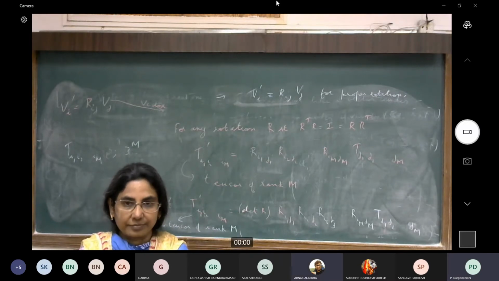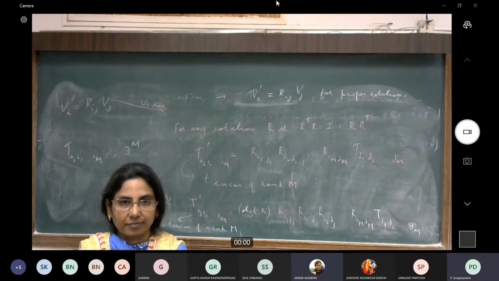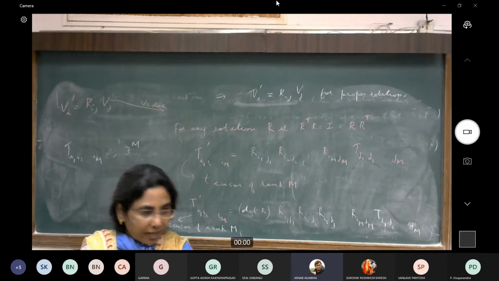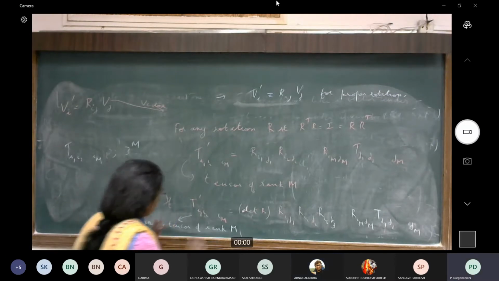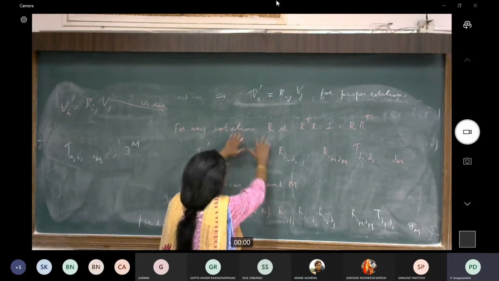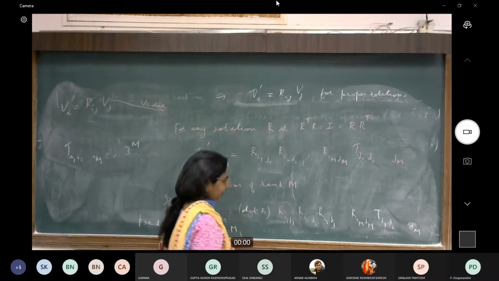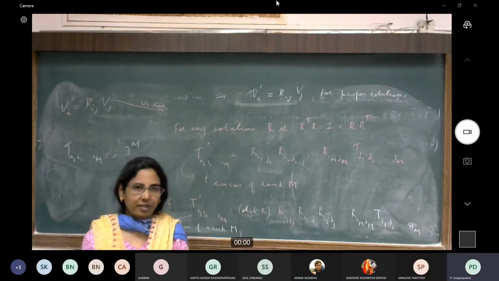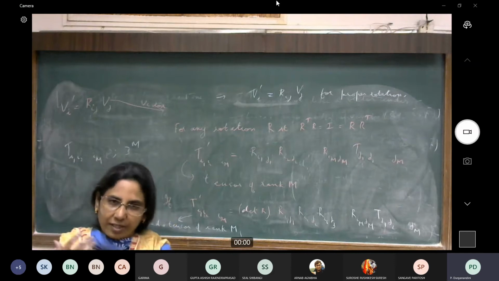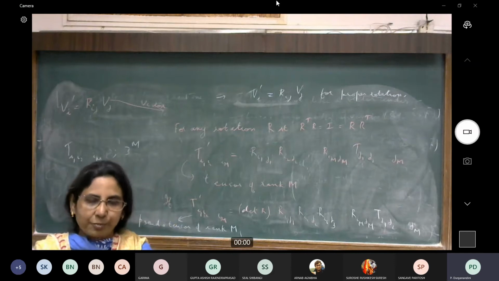Ma'am, but in the case of improper rotation, I'm asking about improper rotation. Yes. Is this definition of pseudo tensor true for any general improper rotation? I'm saying that this definition is true for any arbitrary rotation, not just for improper rotations. It is true whether it's a proper rotation or an improper rotation.